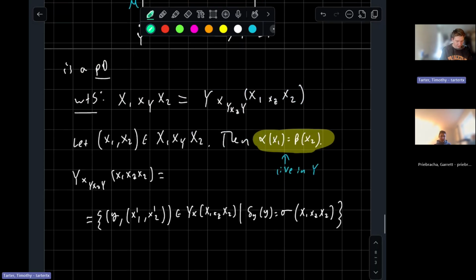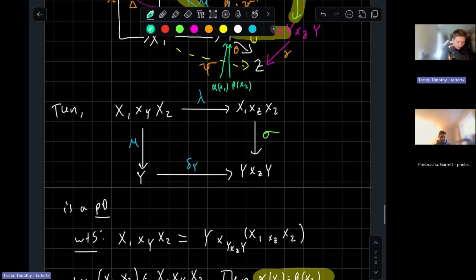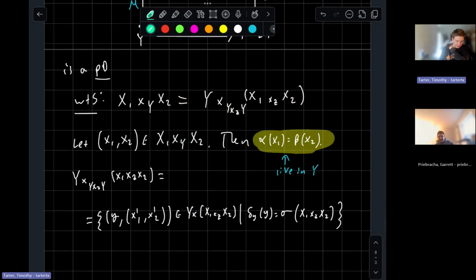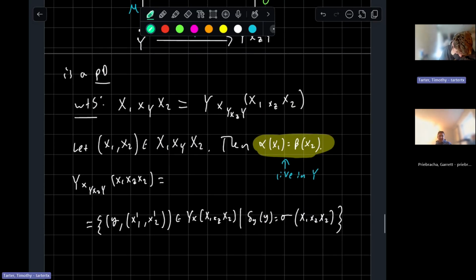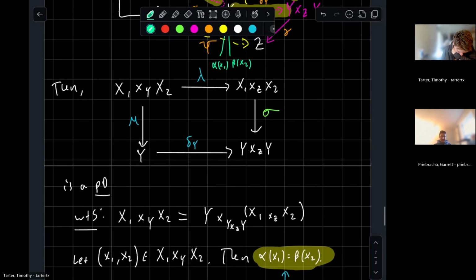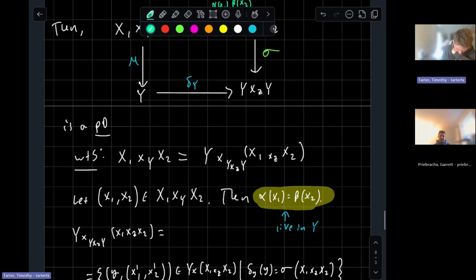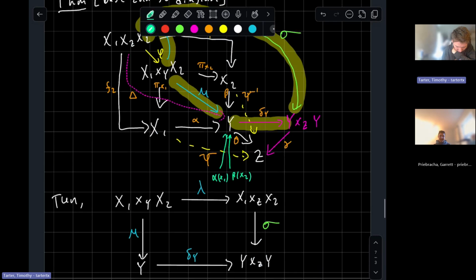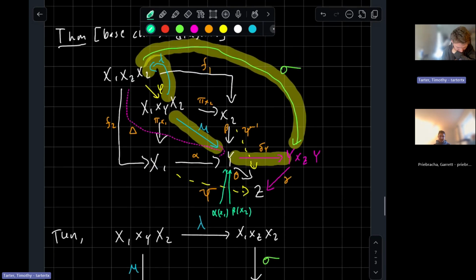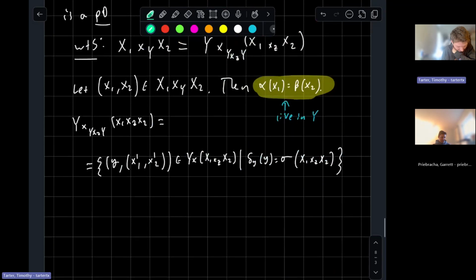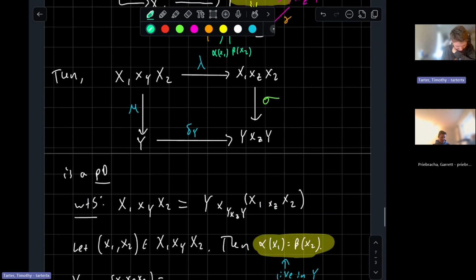So we know that x1 and x2 live in y diagonal morphism through z. But then the diagonal morphism of y through z. Oh, so we get containment. That's fine.